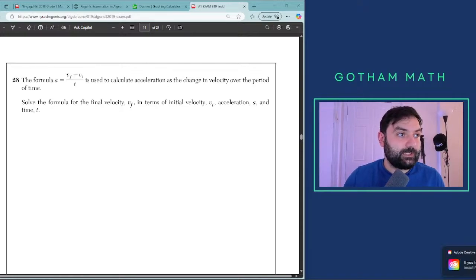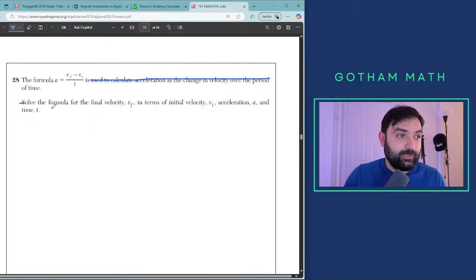Number 28 is the formula A equals, so basically I'm not going to read through the formula, you see the letters there, it is used to calculate the acceleration. So you know what guys, this is irrelevant. Everything here is literally irrelevant except one thing.